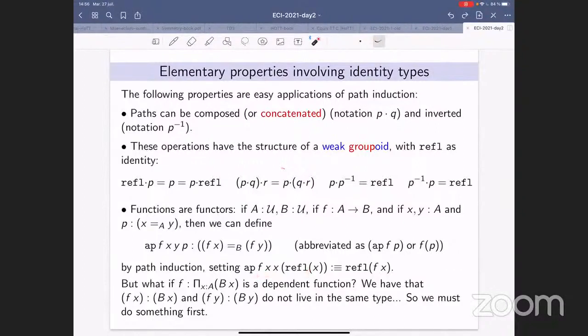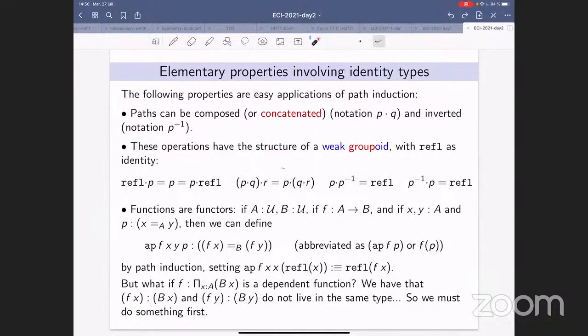And for this, we have a very simple solution because we need to find an equality between f of x and f of x, and we just take the reflexivity of f of x. So you see that we can define app in just one line. This is the magic of path induction. So now there's a question.